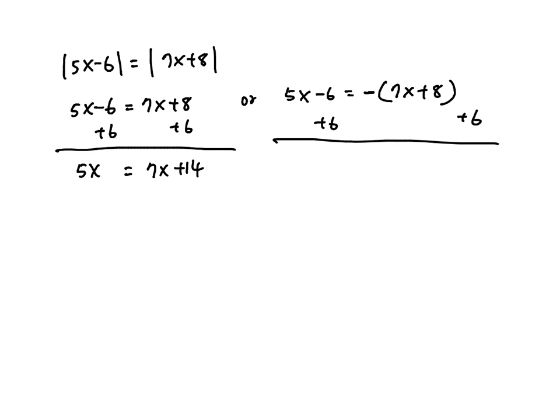I probably should have distributed the negative 1 first to get rid of the parentheses. So let's do that now. I forgot to do that to begin with. So this is actually negative 7x minus 8 plus 6, which means this is negative 7x minus 2.